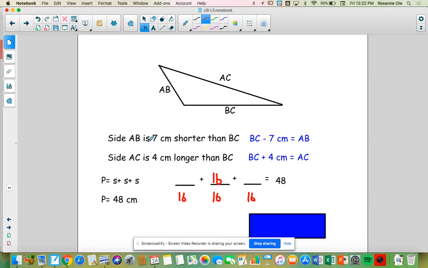Side AB is 7 centimeters shorter than BC. So what's 7 centimeters shorter than this? 9, okay? And side AC is 4 centimeters longer than BC. So what's 4 centimeters longer than this?